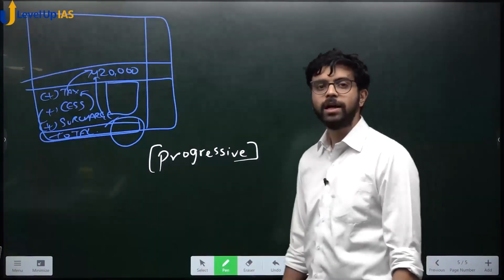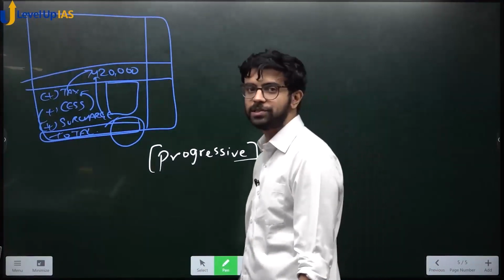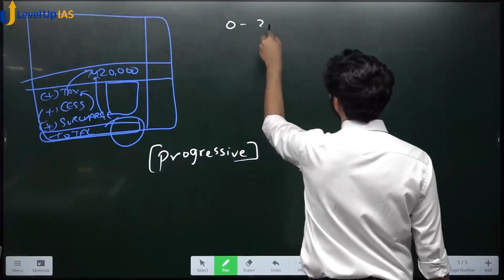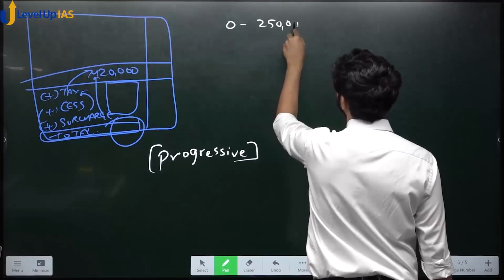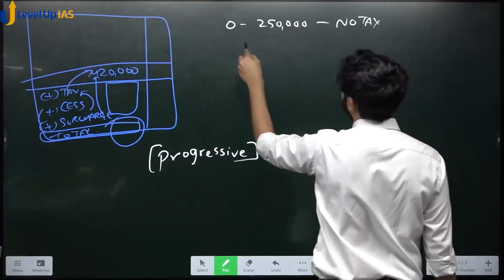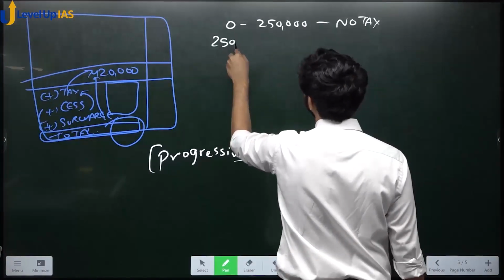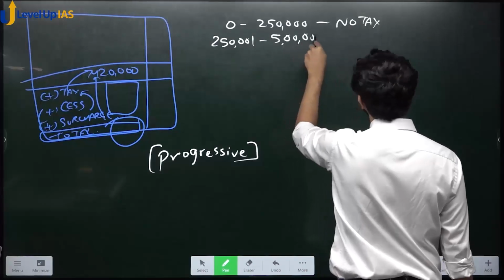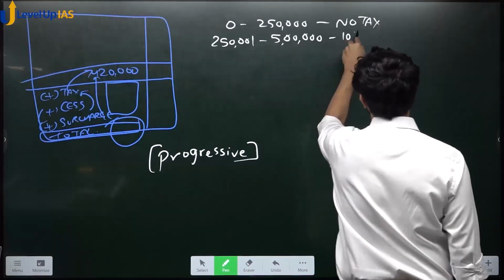See this, how the income tax system is in India is structured. So if you are earning between 0 to 2,50,000 rupees, no tax, no income tax. If you are earning between 2,50,000, 1 rupee to 5 lakh rupees, I'm just giving examples, 10% tax.